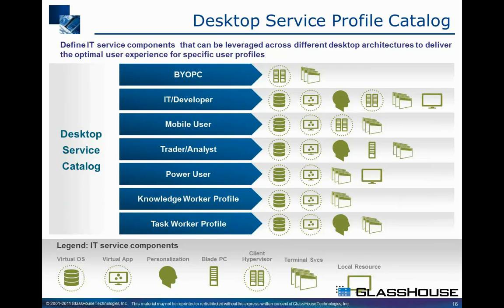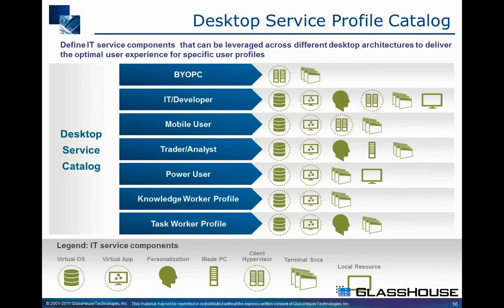So Bring Your Own PC won't have a Blade PC, for example, but does have a client hypervisor because it runs on the local workstation, and it uses terminal services to augment the application set from remote. Your power user, they have a virtual operating system, virtual applications, also augmented by terminal services and still local resource.